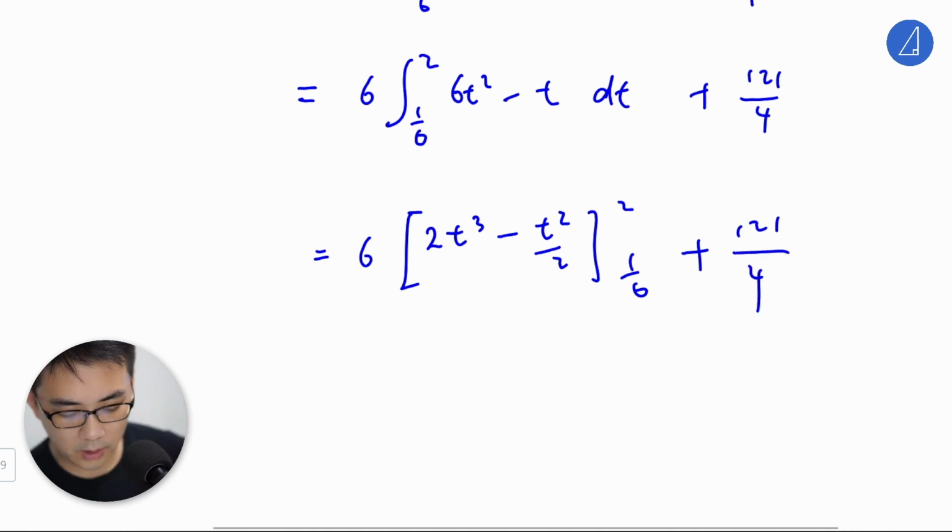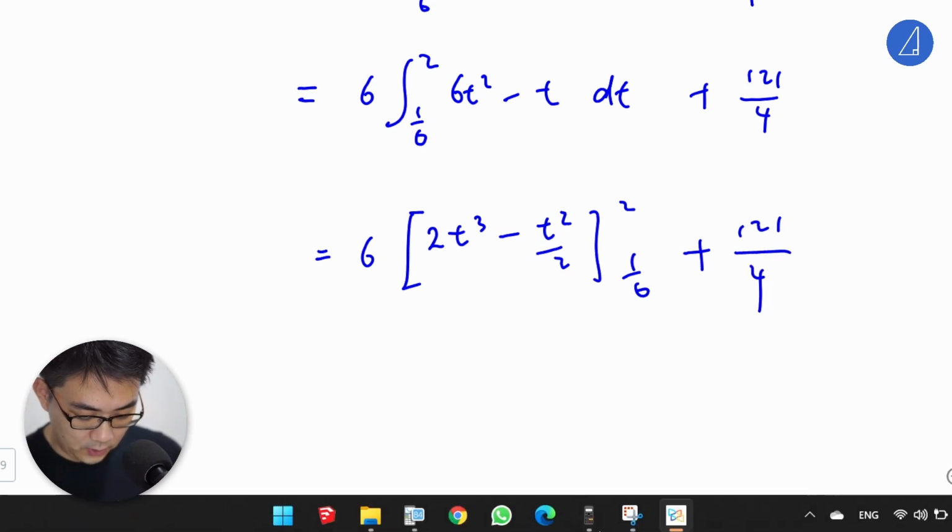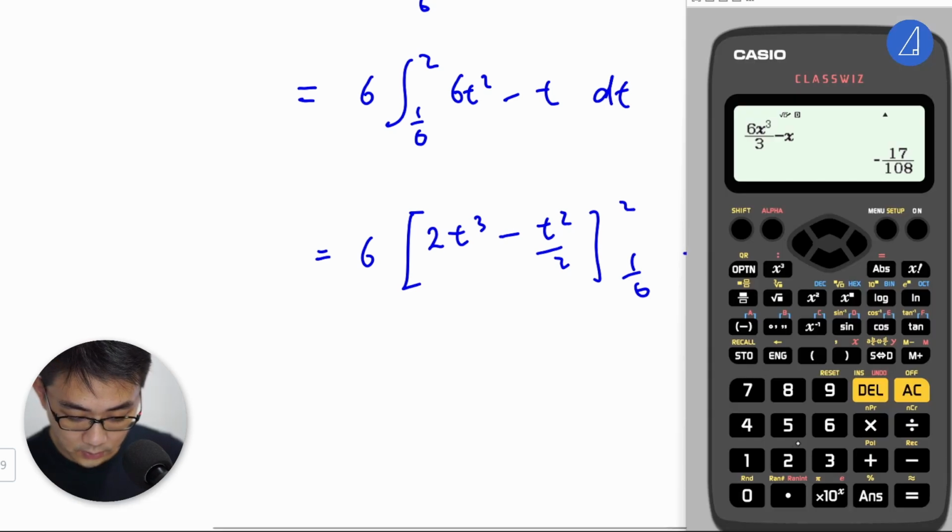Okay, so I'm going to teach you a little trick to use your calculator to replace this value. So many students don't really know this. So what you do is just put 2t cubed, okay, just 2t cubed, and after which we're going to put minus t squared. So alpha, I'm going to use t as my x.